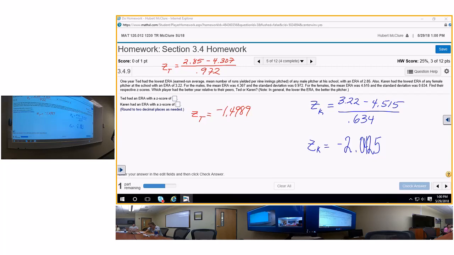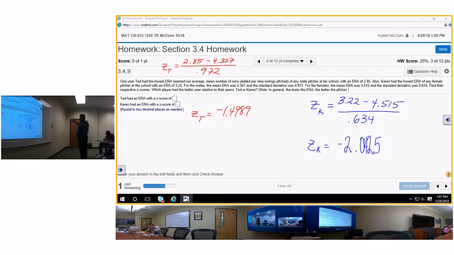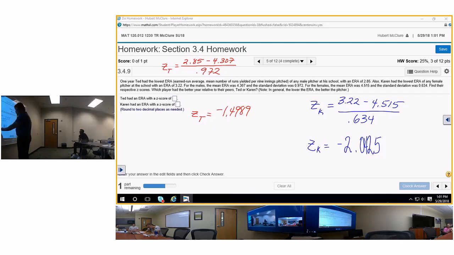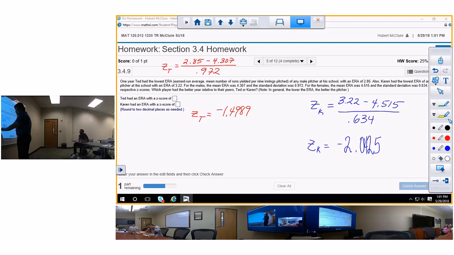Okay. So, now, I knew the answer before I even read this question. How did I know the answer? Anyway, so negative 2.05. So you're going to draw your table.